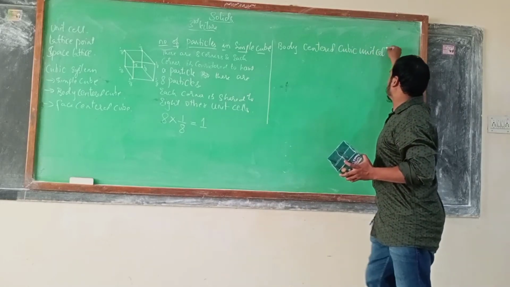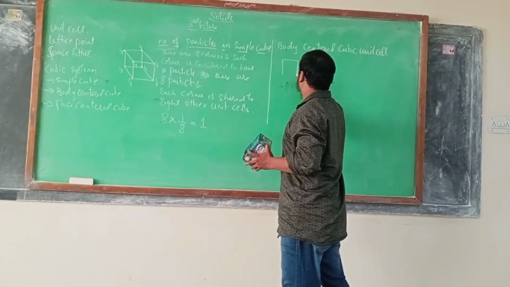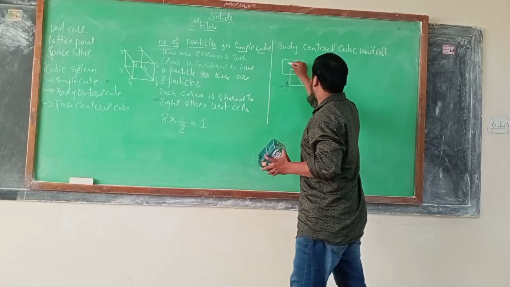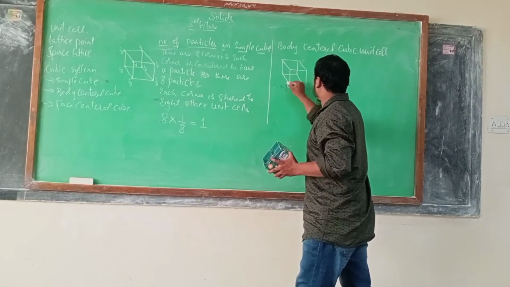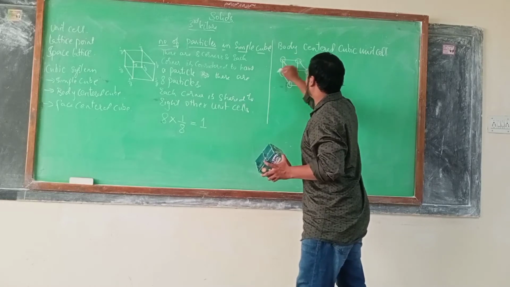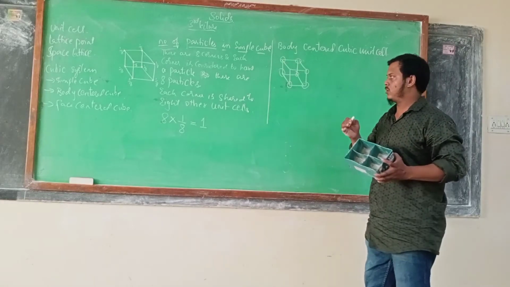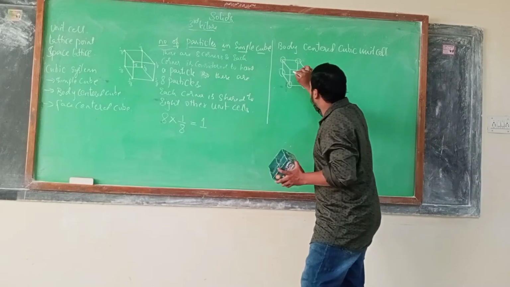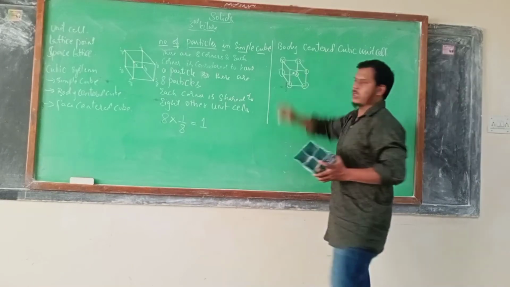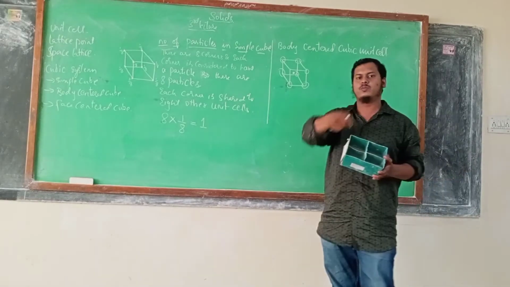Then if you talk about the body centered cubic unit cell, it means I have a unit cell, and at the corners I have atoms, and 1 atom is at the center of the cube.